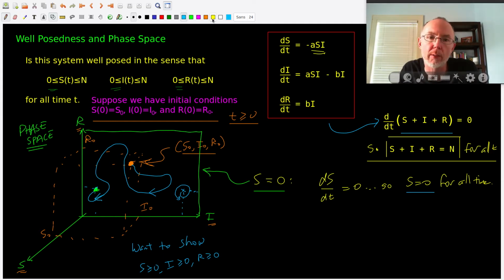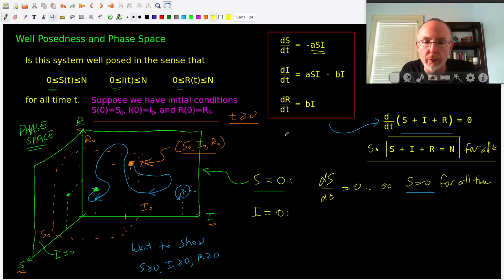What happens if the number of infected people is 0? In this case, we're talking about the plane down here. This is the plane where the number of infected people is 0, but the number of removed and the number of susceptible people can be any value you like.